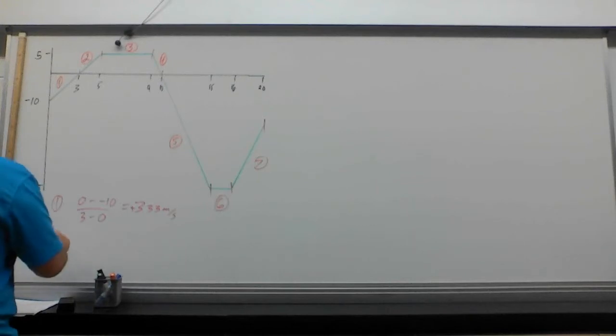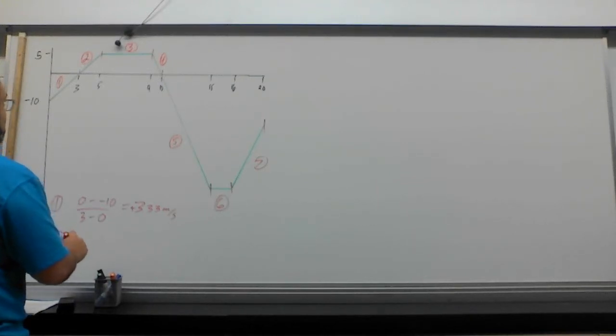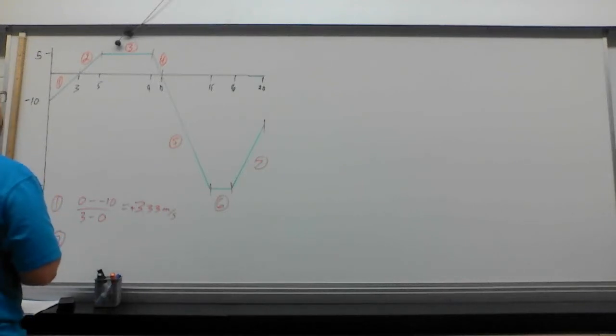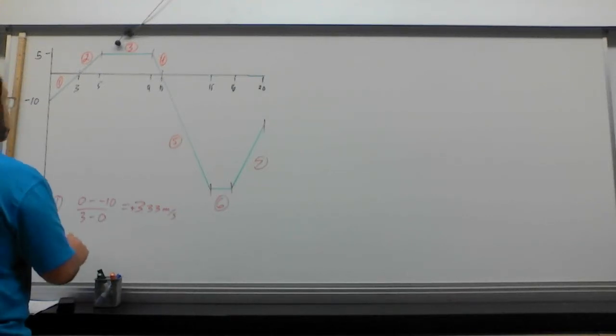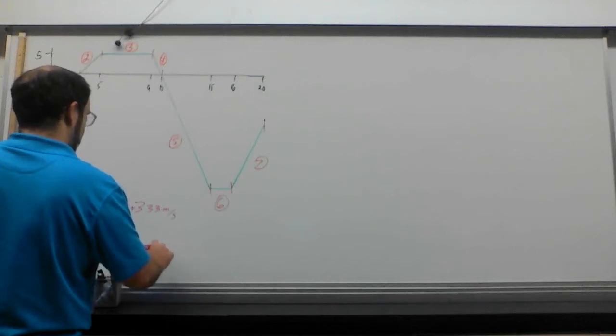Now, when we do the second calculation there for number 2, it's actually going to be pretty much exactly the same number because of how this whole thing is supposed to be working. Or at least it should be, but we're going to get just slightly different, unfortunately. So it's 5 minus 3 divided by 5 minus 0, so we're getting about 2.5.